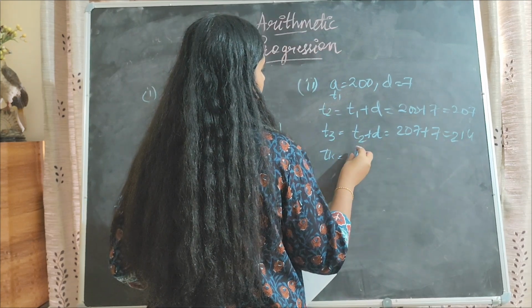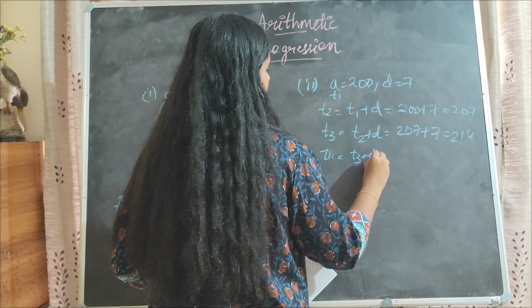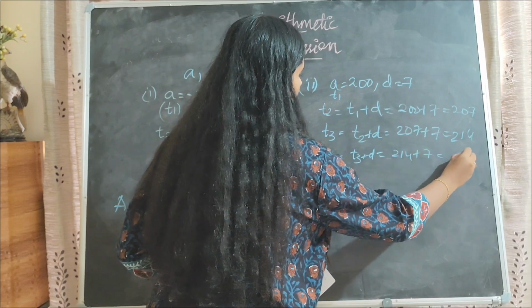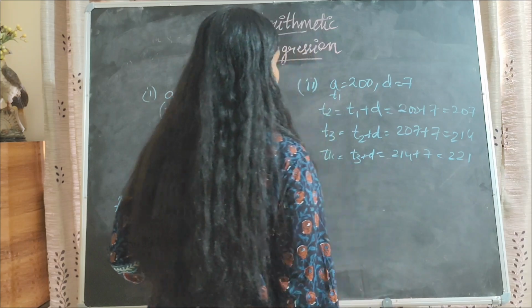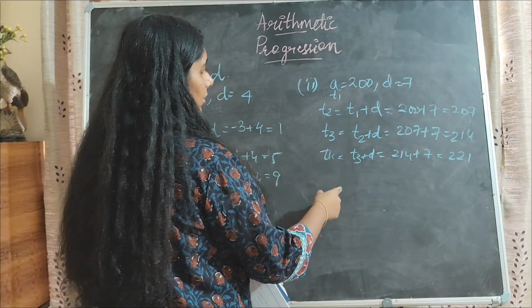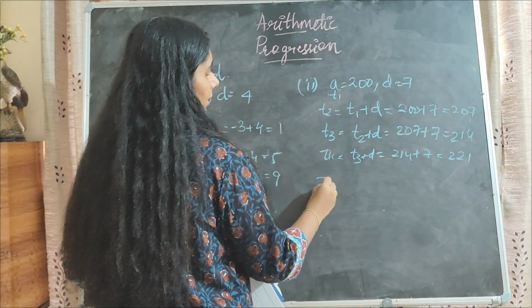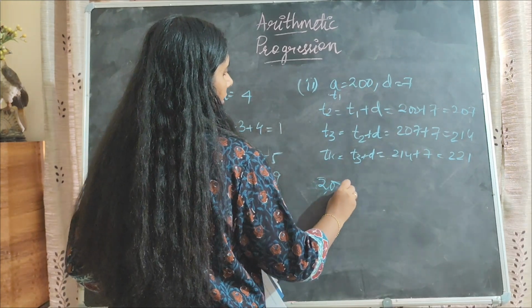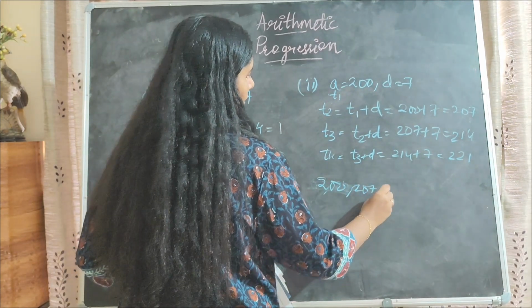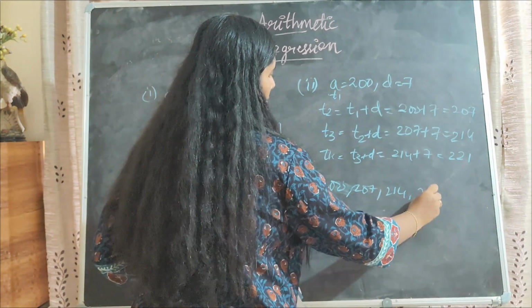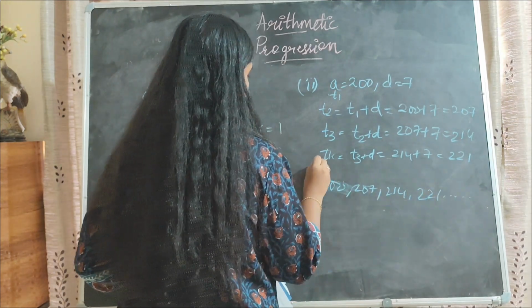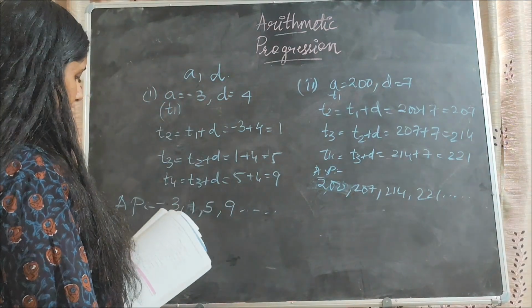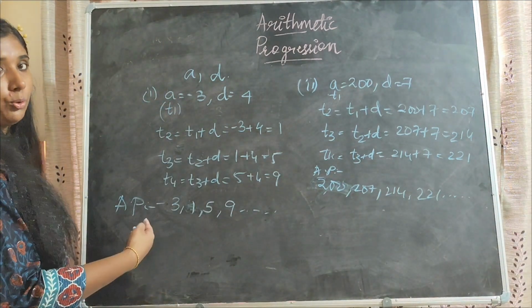T4 is T3 plus D, which is 214 plus 7, 221. So these are the four terms: 200, 207, 214 and 221. This is the AP. Please note this down.